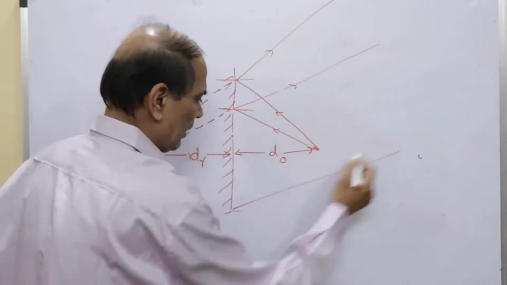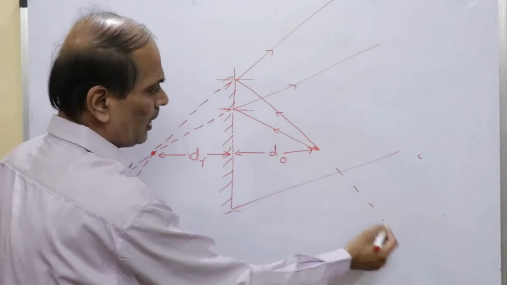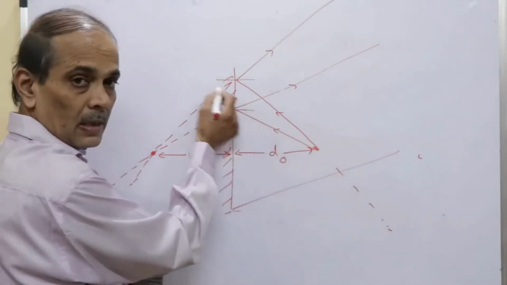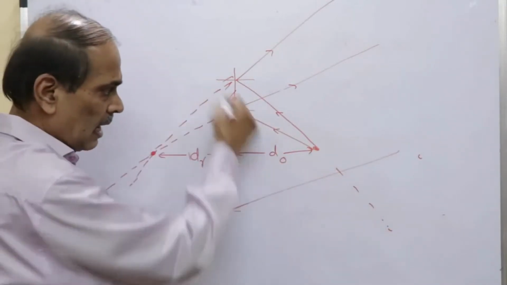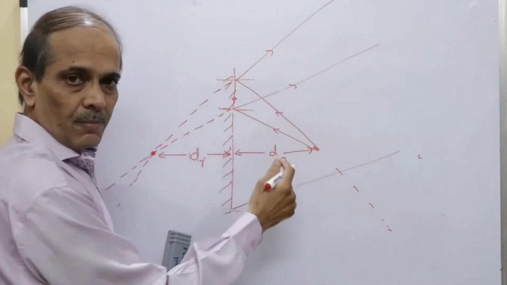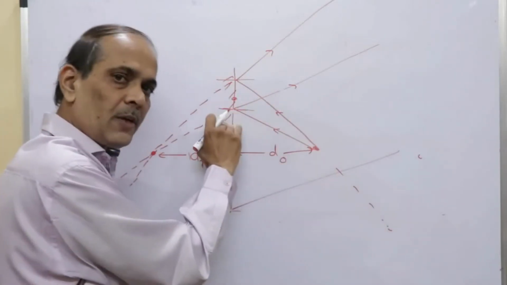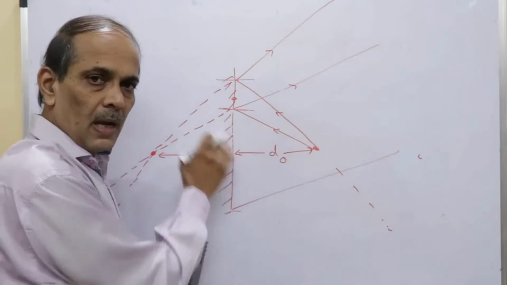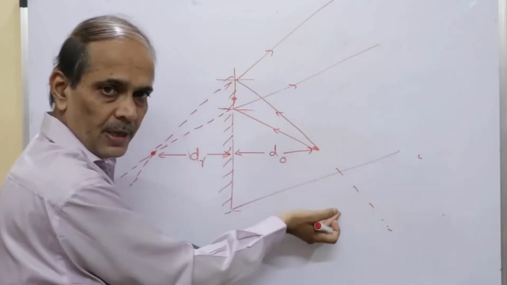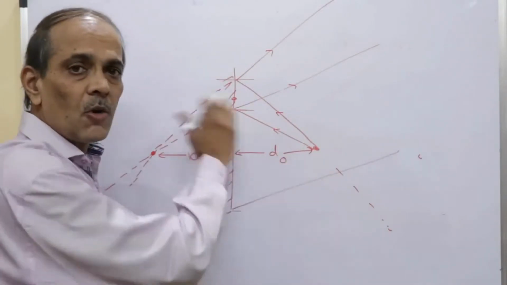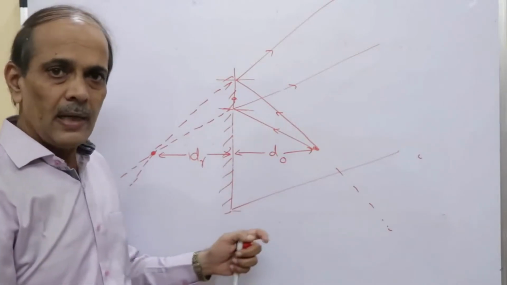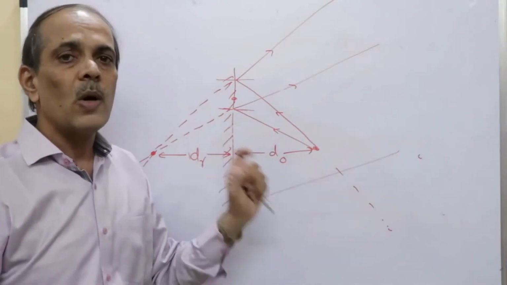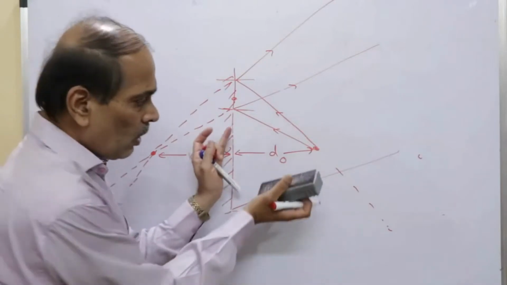Then these images will be formed this way, and it will once again create an image on this side. There are multiple images created: that image becomes the object for the next image, and this image becomes the object for this image. So there are multiple bouncings of light, and you get multiple images of one object.